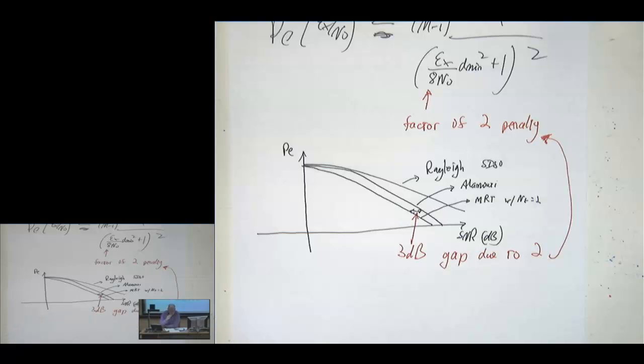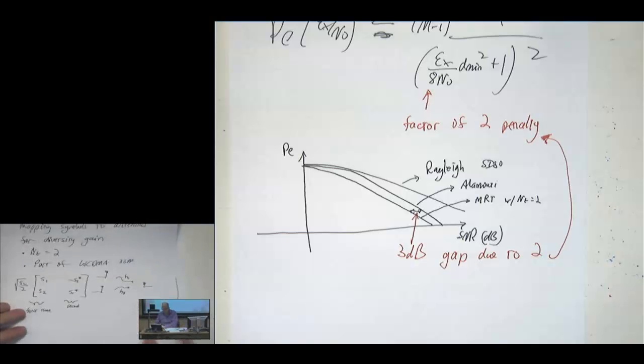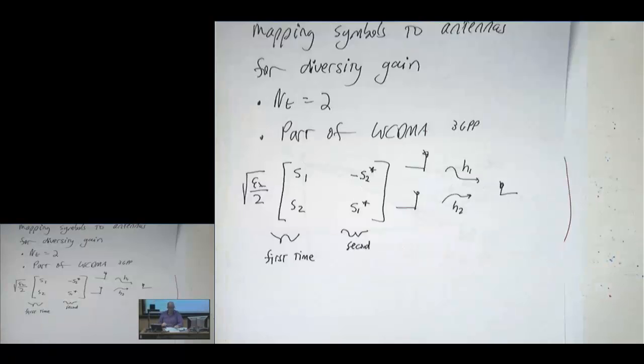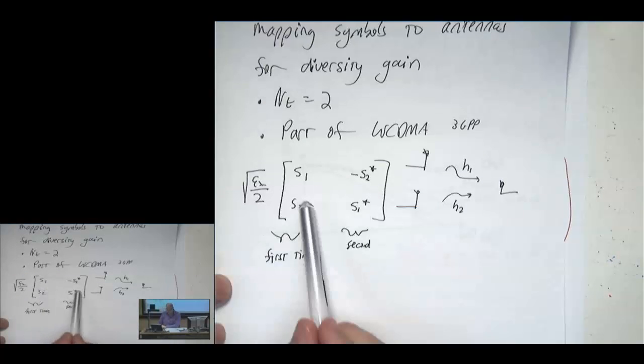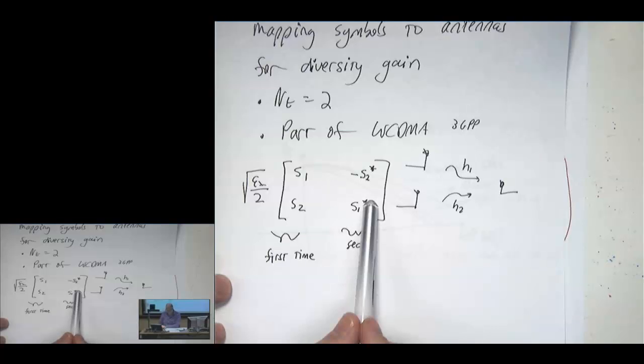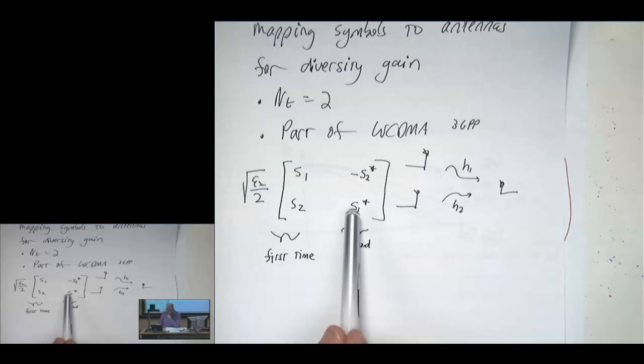And so the intuition for me is that what we're doing is spreading our information over the two transmit antennas. So we're sending the same symbols twice here. And because we have to do this trick because we don't know exactly how they're going to add up in the channel, we have to send each twice with a slightly different phase so that we can get both of them here.